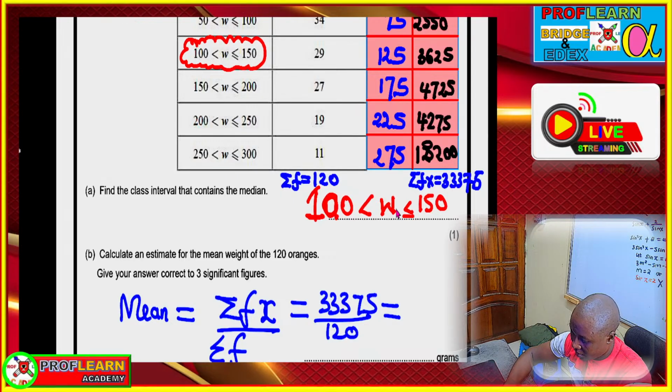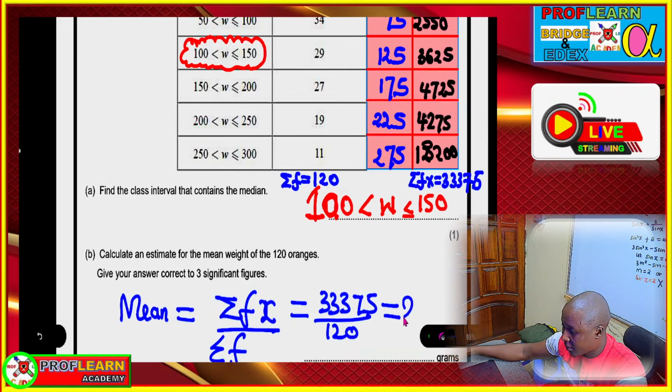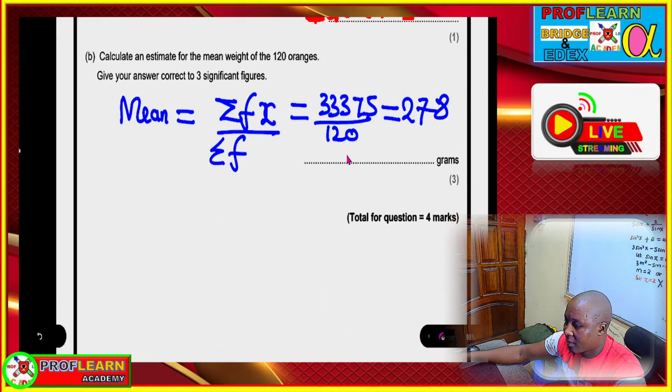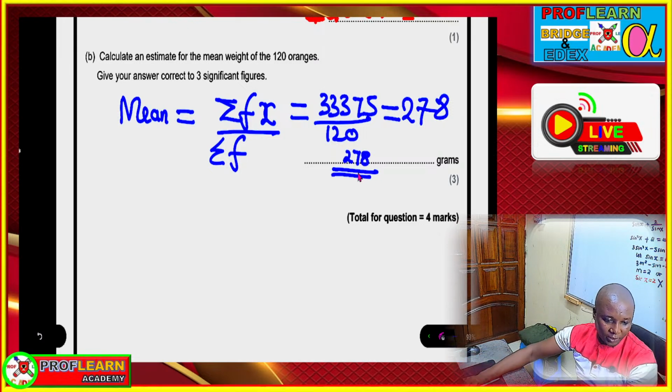If we add those, we get 33,375, and the total frequency in that case is 120. So if we divide by 120, our answer becomes 278 as the mean.